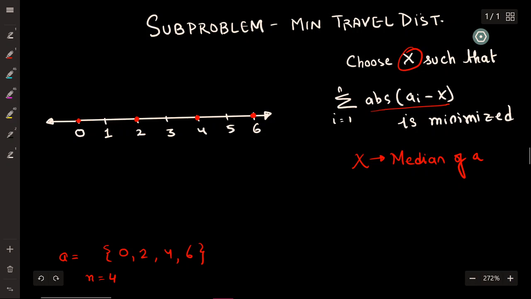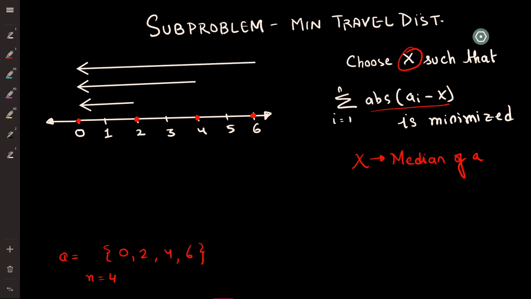Suppose I choose 0 as my x point. So 2 travels some distance to 0. Absolute of 0 minus 0 is 0, absolute of 2 minus 0 is 2, absolute of 4 minus 0 is 4, absolute of 6 minus 0 is 6.